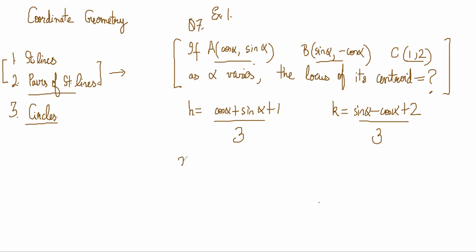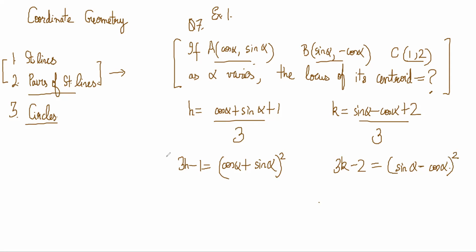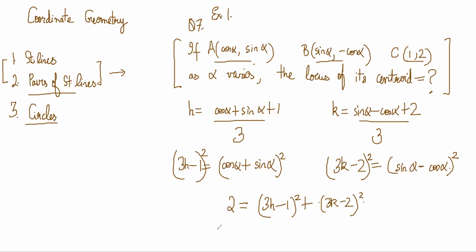So you can say 3h minus 1 is equal to cos alpha plus sine alpha, and 3k minus 2 is equal to sine alpha minus cos alpha. Square and add. If you square and add, this becomes 2 is equal to (3h minus 1) square plus (3k minus 2) square.